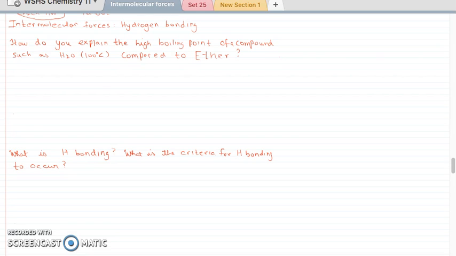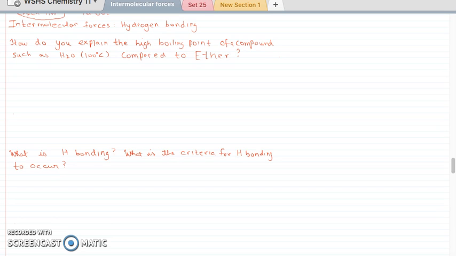They're exhibited because of the number of electrons that are present, because the electrons result in what we call an induced dipole, which creates that temporary attraction which is responsible for the intermolecular force.